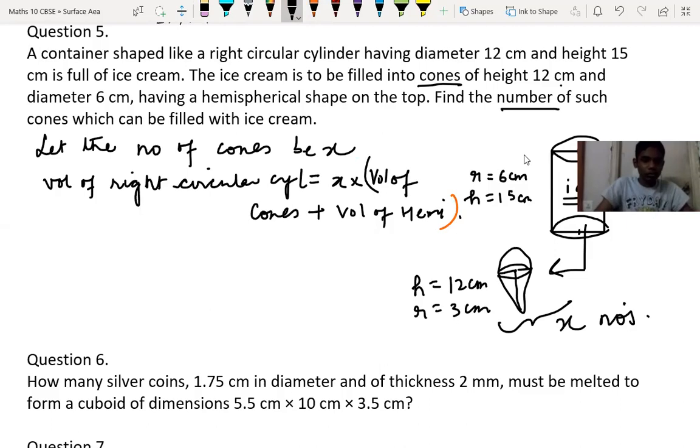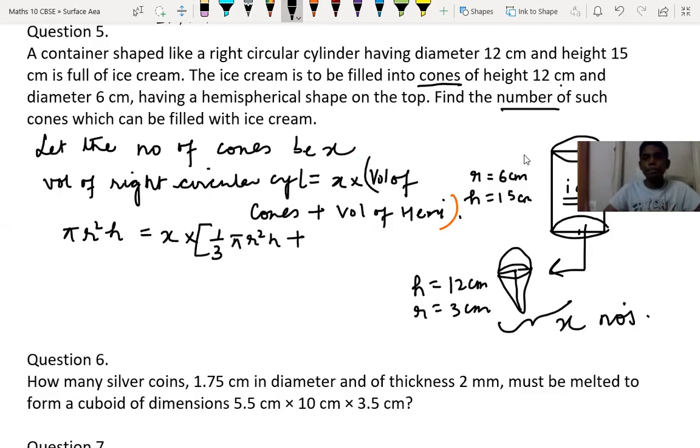So volume of a right circular cylinder is pi r square h, equal to x into volume of cone, that is 1 by 3 pi r square h, plus volume of hemisphere, that is 2 by 3 pi r cube. But here the radius should be written as R1 here, R2 here, and for the hemisphere also R2 only.